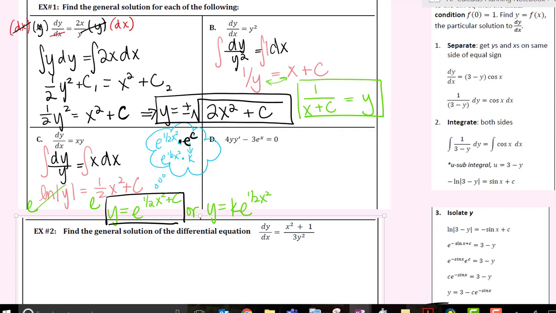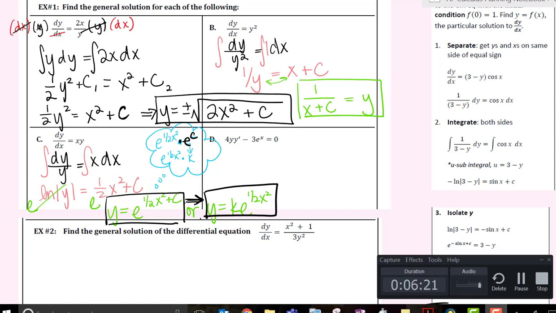Since we're multiplying, not adding, usually when we add we have a plus c, when we're multiplying we have a k. So this could have been an answer if we were looking at a multiple choice. So just note that it's totally fine for you to keep it as that plus c, but on a multiple choice they probably would have turned that into a constant of proportionality.